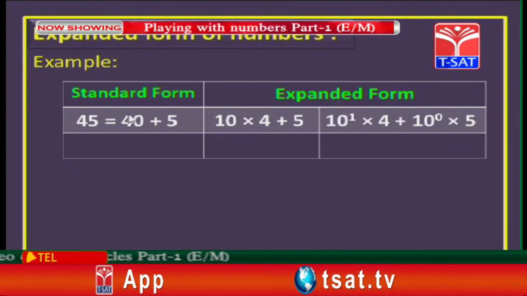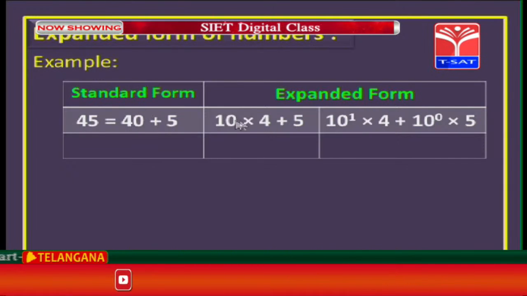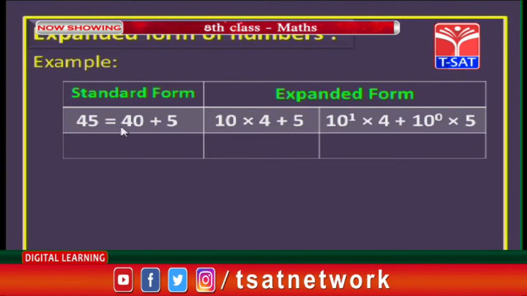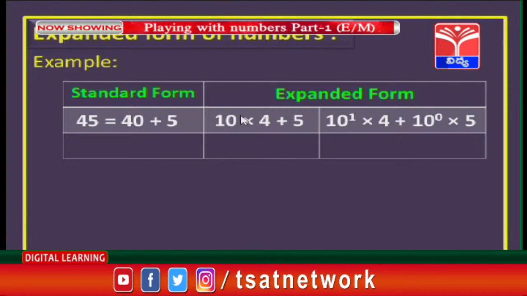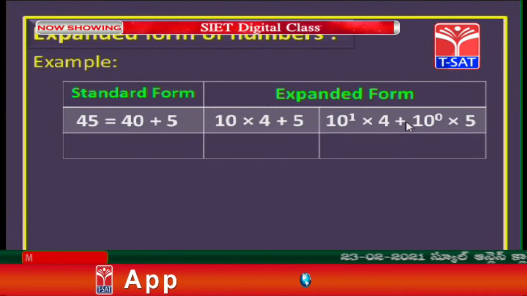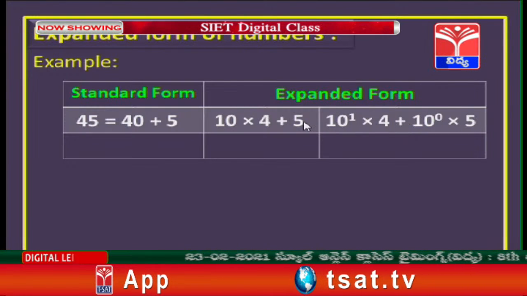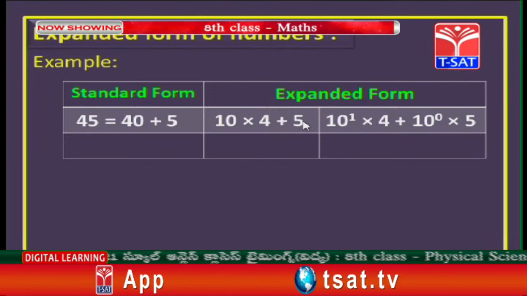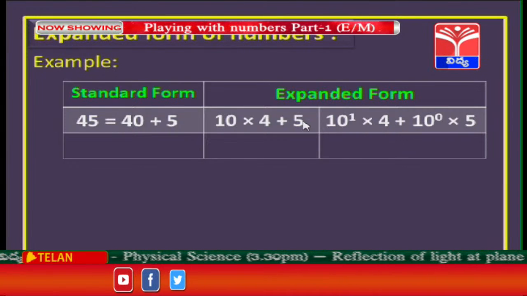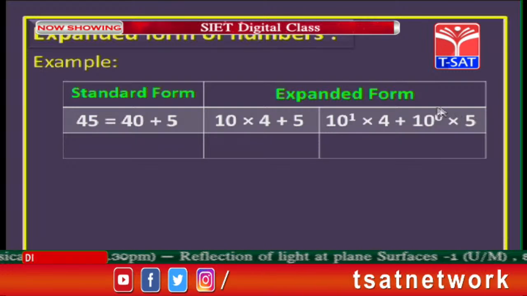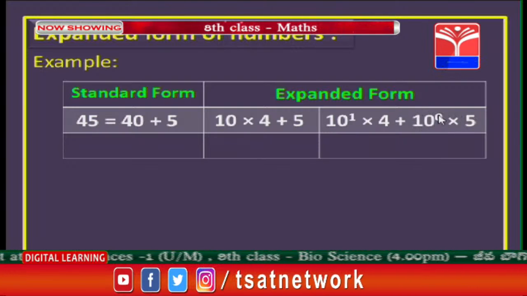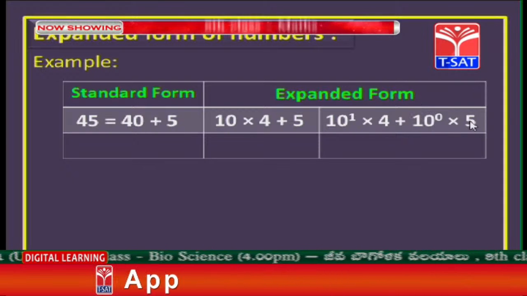Now, this 40 further can be written as 4 into 10 plus 5, which gives us 45 again. Since there is no power over here, I can write it as 10 raised to the power of 1 into 4 plus 1 into 5. But children, we have already learnt in our previous class, any number raised to the power of 0 is 1. So, 10 to the power of 0 is also 1. So, I can write it as 10 power 0 into 5, because 1 into 5 gives you back 5.